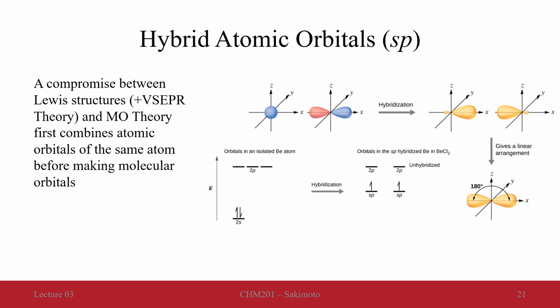What this allows us to do is that it gives us two orbitals, now equivalent in energy rather than an s and a p, that now point in opposite directions, and is of nice configuration that nicely overlaps with molecules that adopt a 180 degree bond angle.